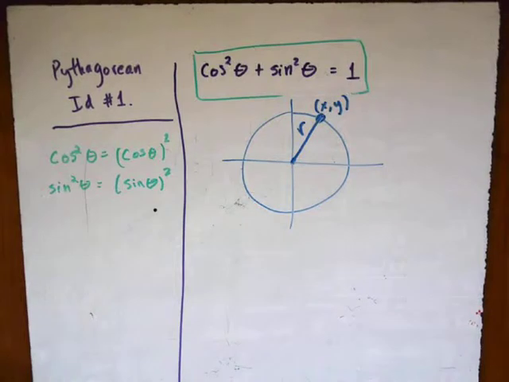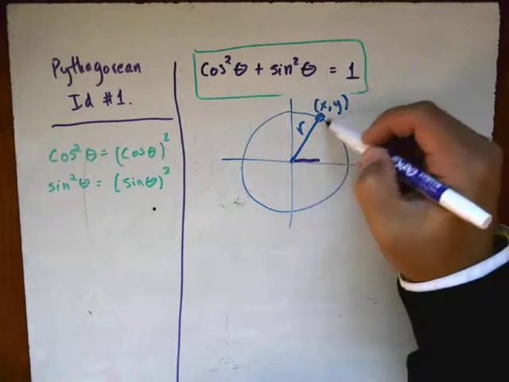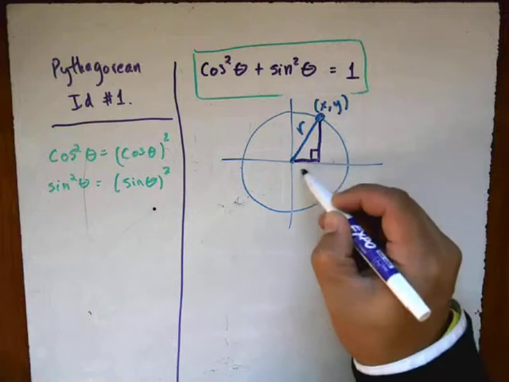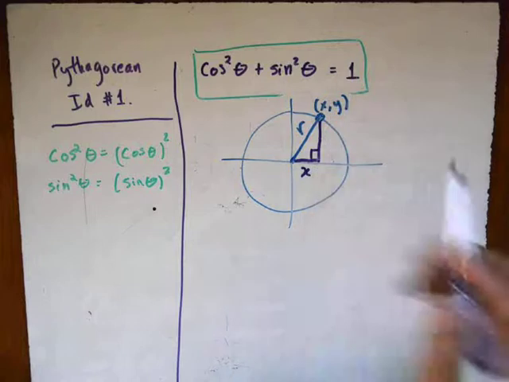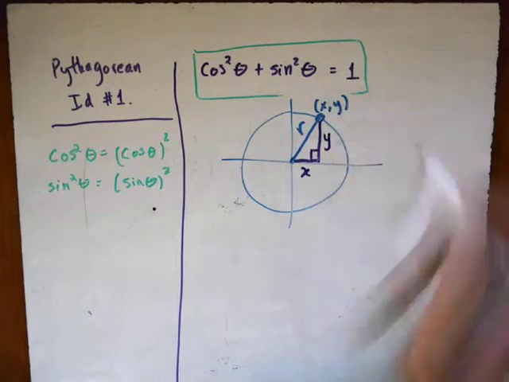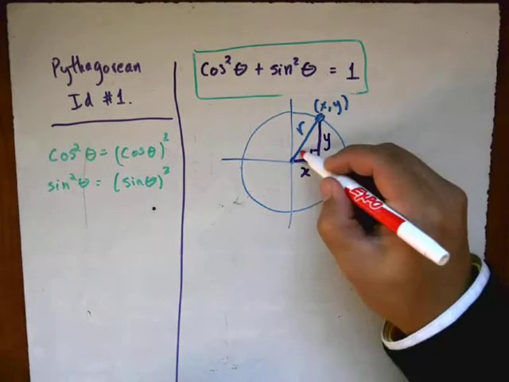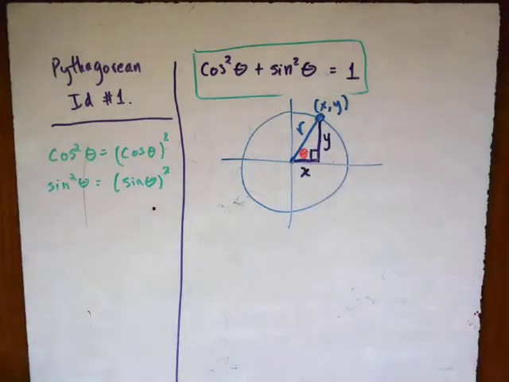This point (x, y) lets us make a right triangle with the length of the base equal to x, because that's how far we went over to get to the point, and the height of the triangle equal to y. The angle of rotation inside this triangle, we will just call theta. Our goal here is to show that cosine squared plus sine squared equals 1.